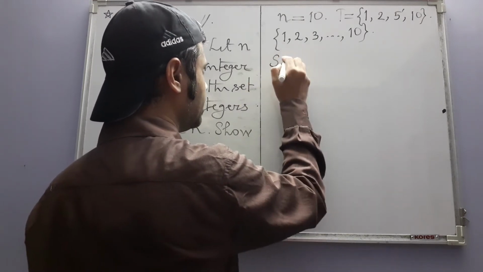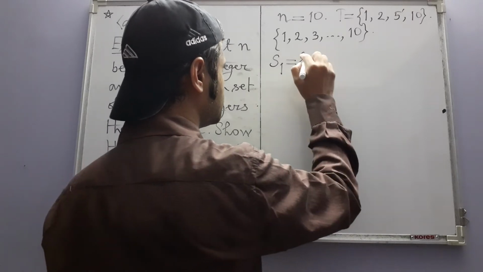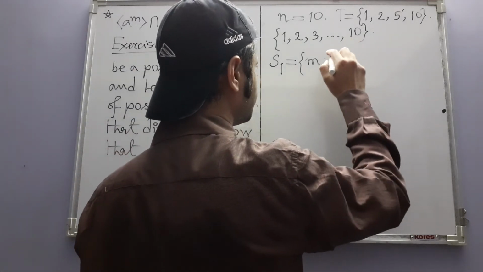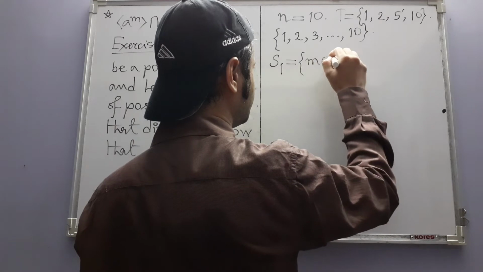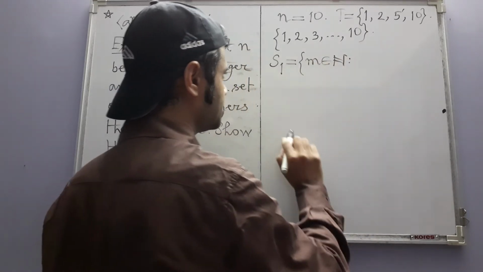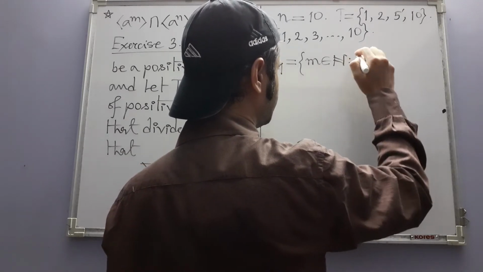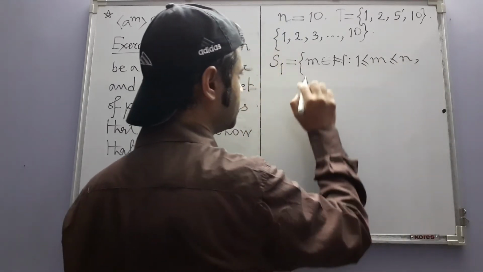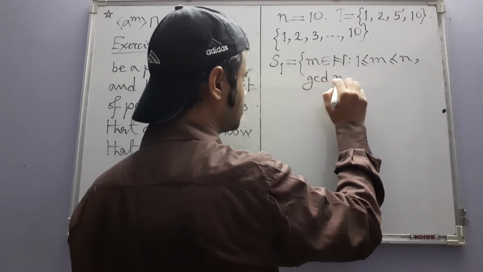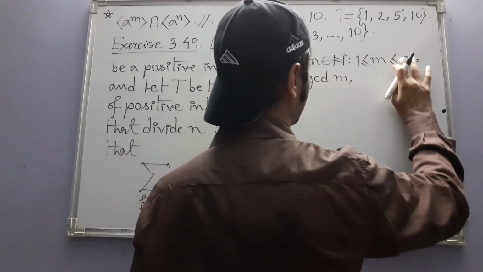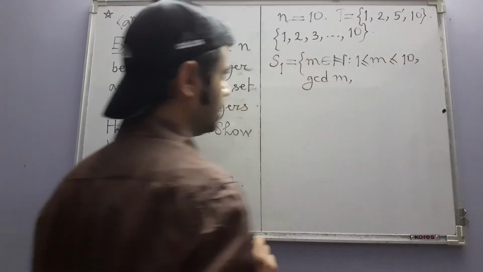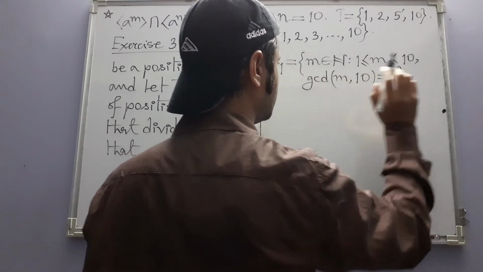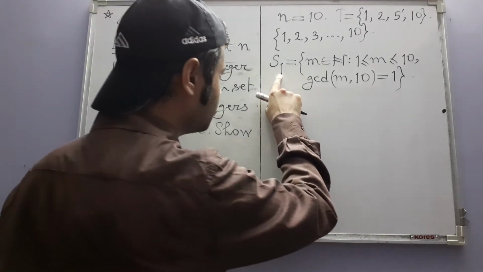Okay, so now we look at some sets which are defined like this, S1. S1 is the set of all elements m, and just to be precise, m is the positive integer such that m lies between 1 and n, and the greatest common divisor of m and 10, because my n is 10, is equal to 1, and this 1 is this one.